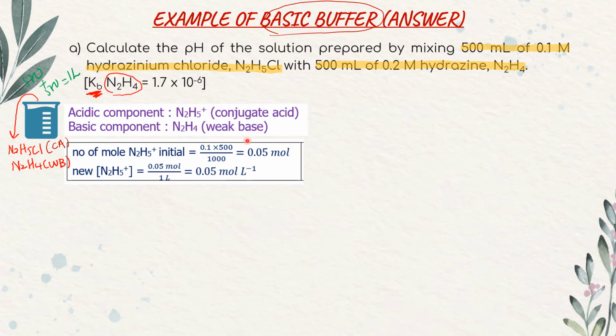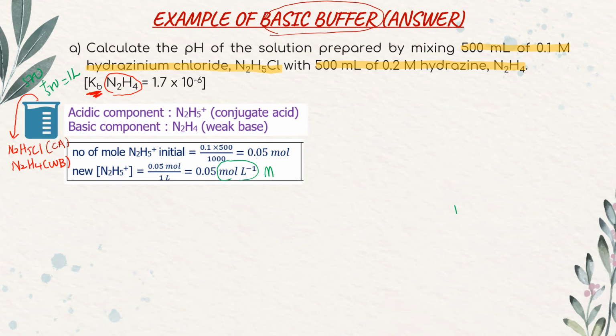So, kita dapat 0.05 mole. Kenapa kena cari number of mole? Because we want to find the new concentration. Okay, yang mana concentration yang baru, 0.05 bahagi dengan volume yang baru. So, kita dapatlah dekat sini, the concentration is 0.05 mole per liter. Or you can just simply tulis sebagai molar saja.